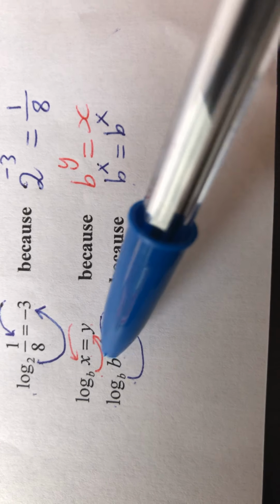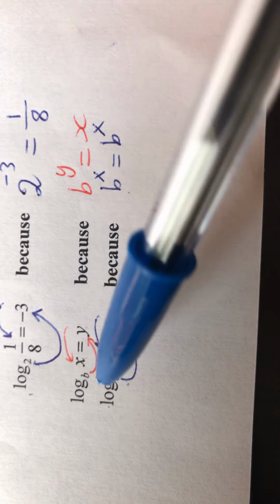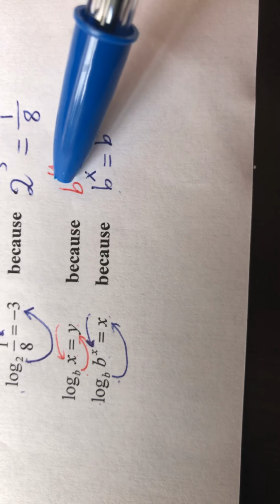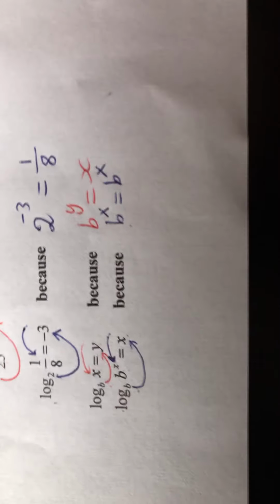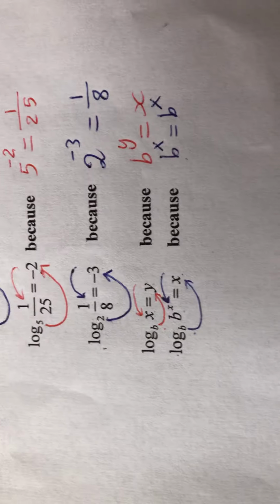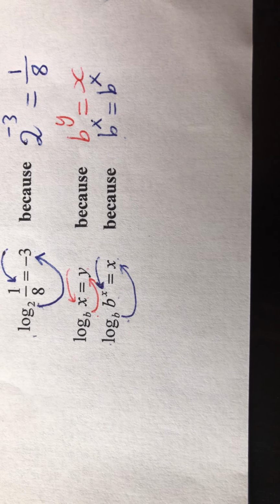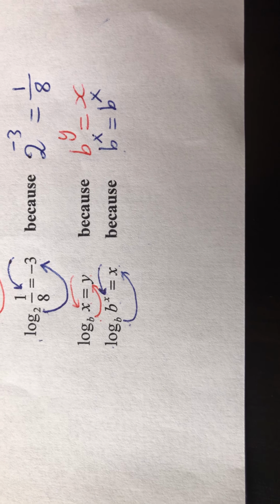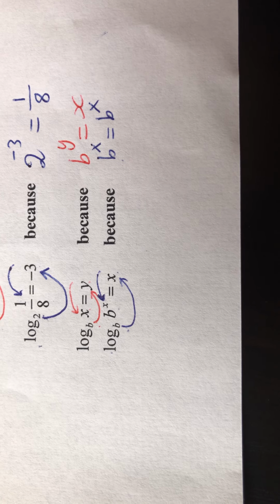Log with base b of x equals y, because b to the power y equals x. And log with base b of b to the power x equals x, because we start from the base b, so b to the power x equals b to the power x.